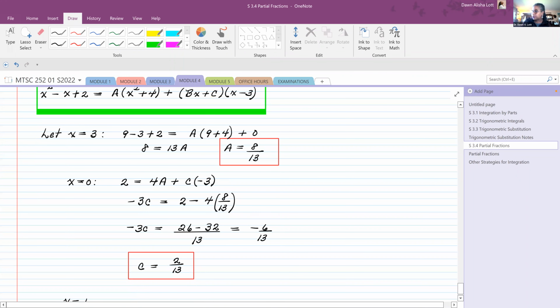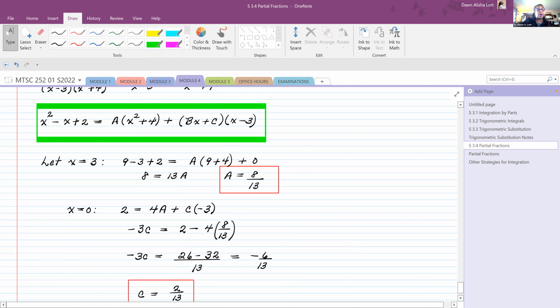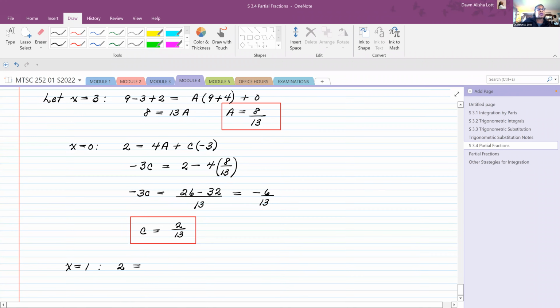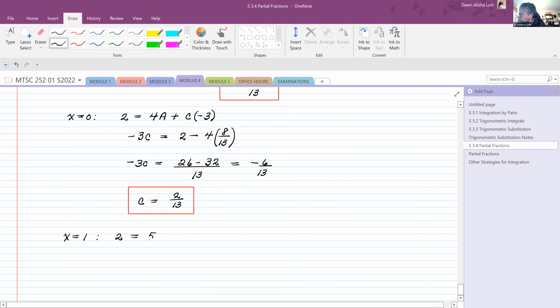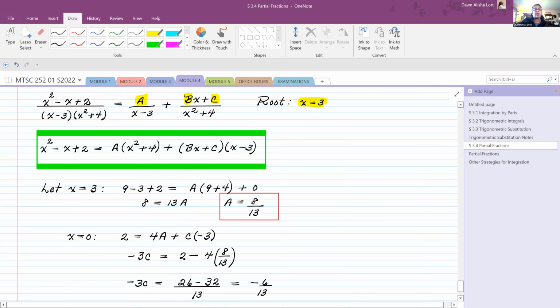So I get 2 is equal to, x is 1, so I'm going to get 5a plus b plus c and then I'm going to have times -2.